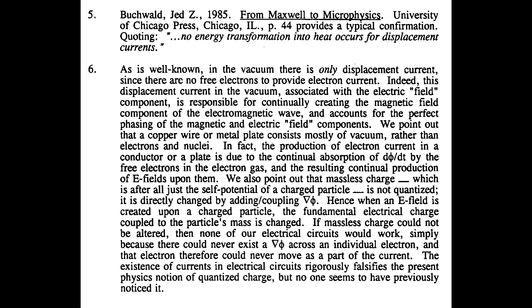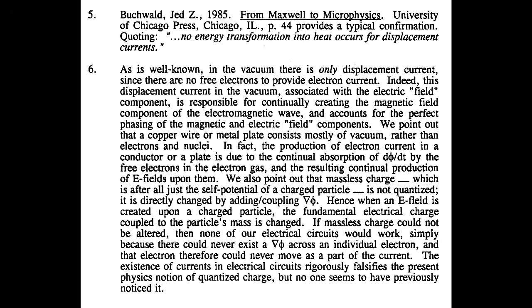We point out that a copper wire, or metal plate, consists mostly of vacuum, rather than electrons and nuclei. In fact, the production of electron current in a conductor or a plate is due to the continual absorption of dF/dt by the free electrons in the electron gas, and the resulting continual production of E fields upon them.